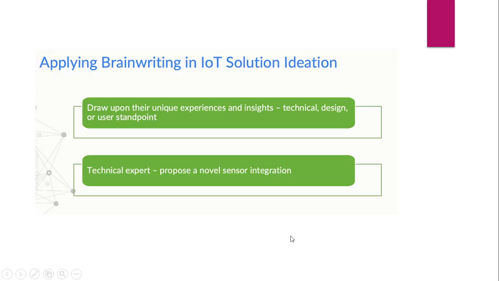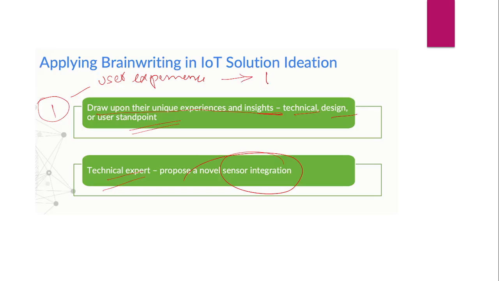And how to apply brain writing in IoT solutions. Here, draw upon the unique experiences, insights, technical design and user standpoint, and a technical expert has to propose novel sensor integrations. First, you have to understand user experience. How do you get user experience? It is through the empathy process.